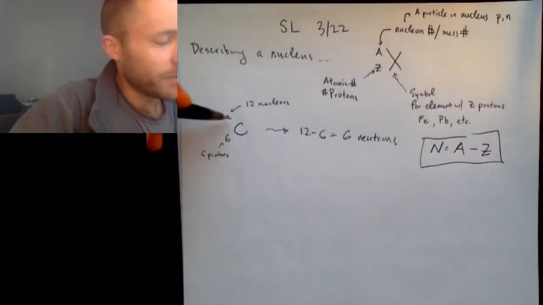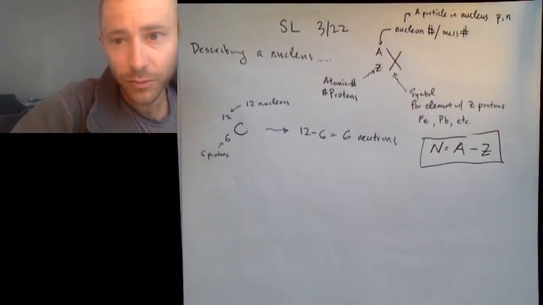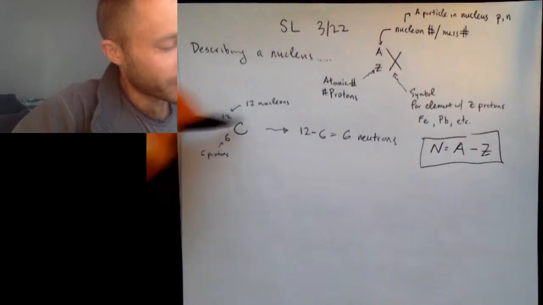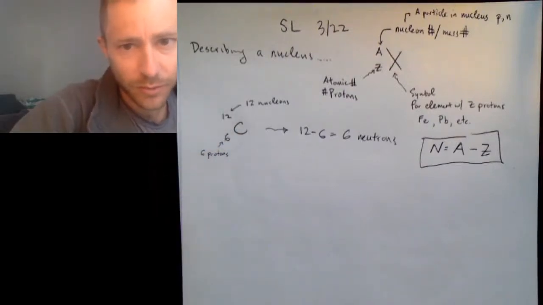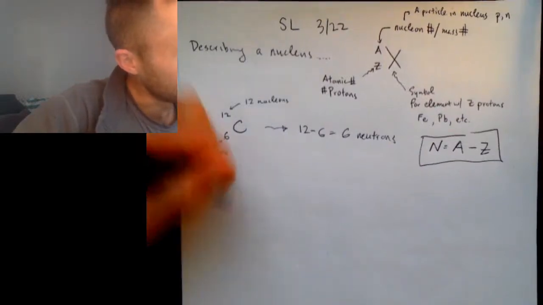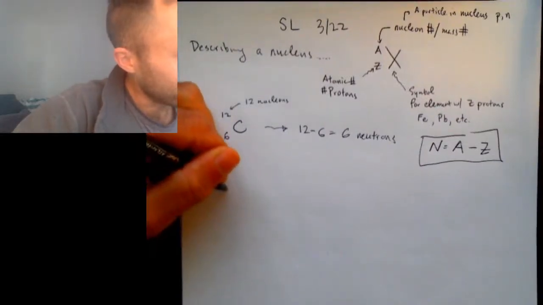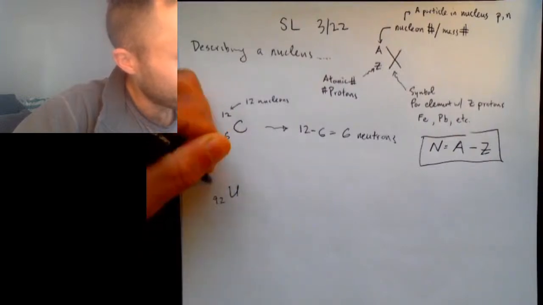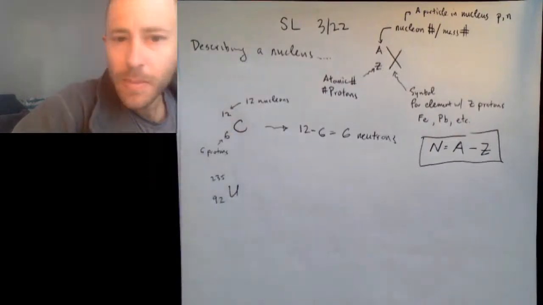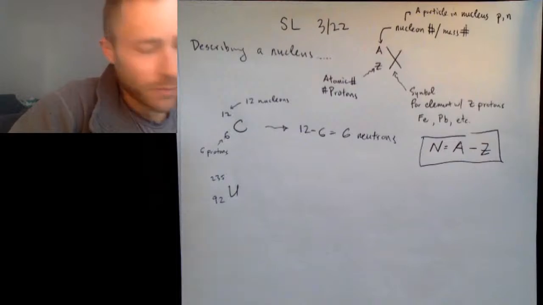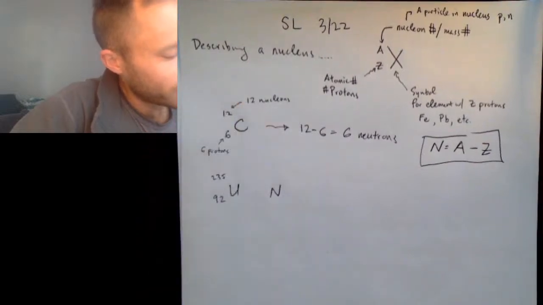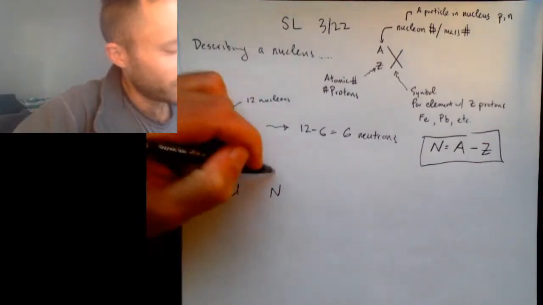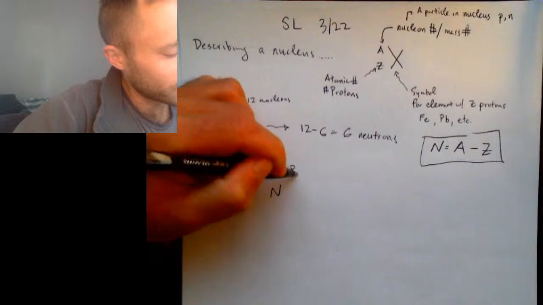So basically, if the particle in the nucleus is not a proton, then it is a neutron. So you've got to subtract the bottom number from the top number to get the number of neutrons. So let's take, for example, uranium 235. This would have 92 protons.